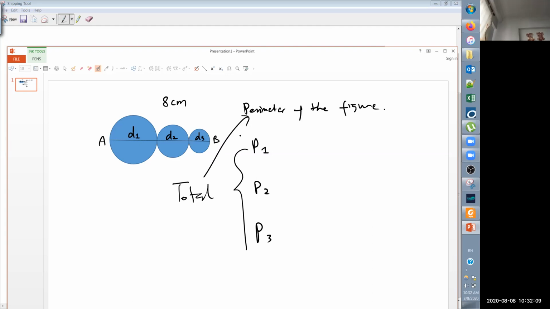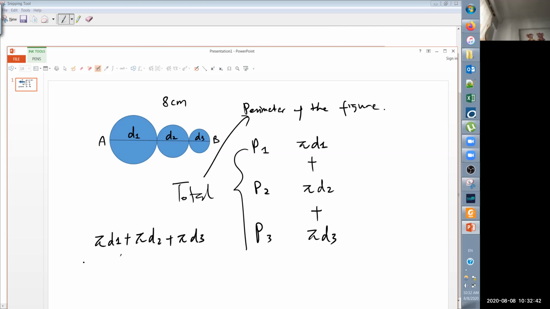The perimeter of the first is pi d1, since perimeter equals pi d. Then this is pi d2, and over here is pi d3. So you just use pi d1 plus pi d2 plus pi d3.